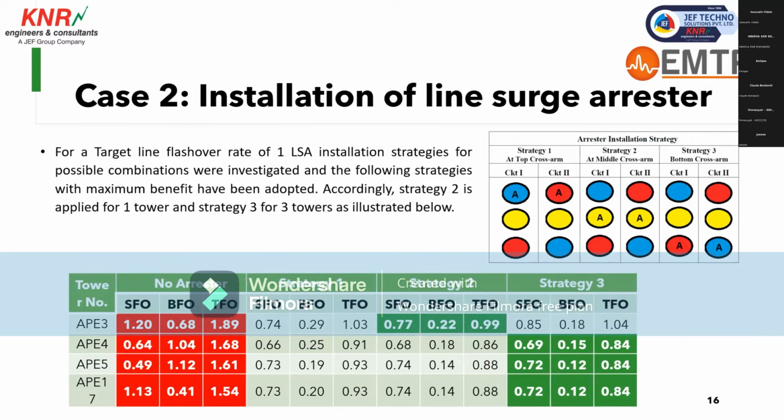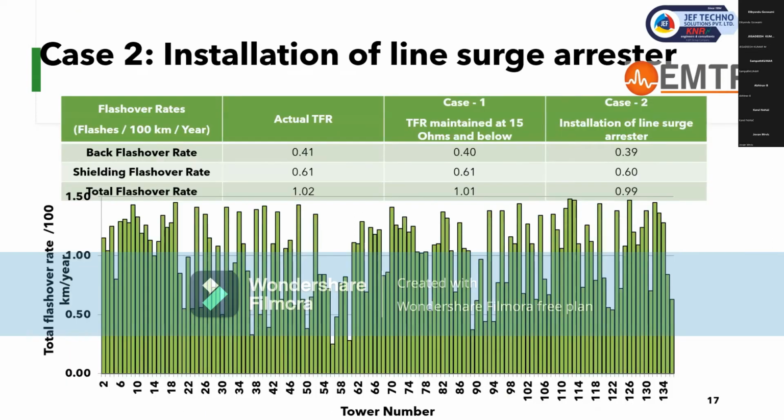So in this way, we analyze various strategies and come up with recommendations for the best strategy. So after installation of arrestor, this is the improvement we observe. The back flashover rate from 0.41 reduced to 0.4 with the improvement in TFR, then it has further reduced to 0.39. So the total flashover rate is reduced to 0.99, so less than 1.